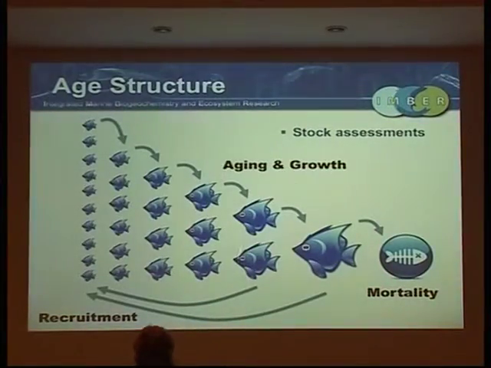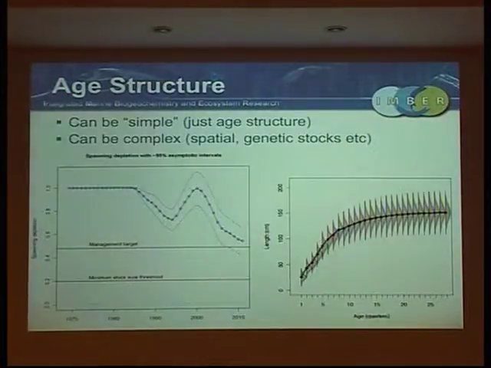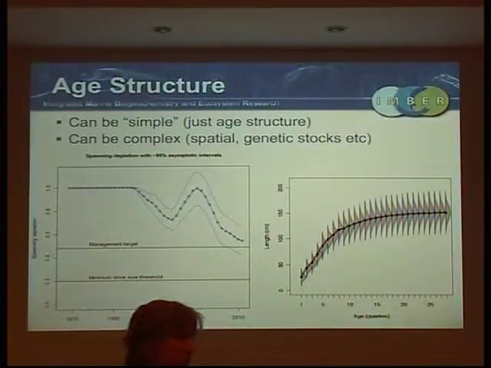Then you have your adults up here, and they send the recruits back down to the start, and you start all over again. That kind of model is the most common kind of what they call a stock assessment model. Every fisheries management body in the world, whether inside a nation or one of those big international ones, typically uses that kind of model. They'll have age structure and follow animals through that age.